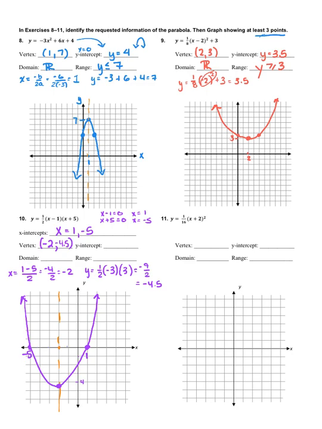The y-intercept, if I wanted to know the y-intercept, once again, you're going to let x be 0. So that's going to be 1/2 times negative 1 times 5, so that's going to be negative 5/2, or negative 2.5.